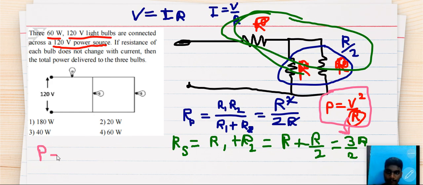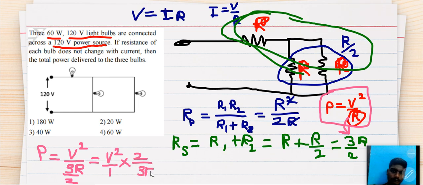Power P is equal to V square by R. R is 3R by 2, which can be written as V square by 1 into 2 by 3R. When the term comes to the numerator, it becomes inverse. So both of these values, when they come to the numerator, become inverse.